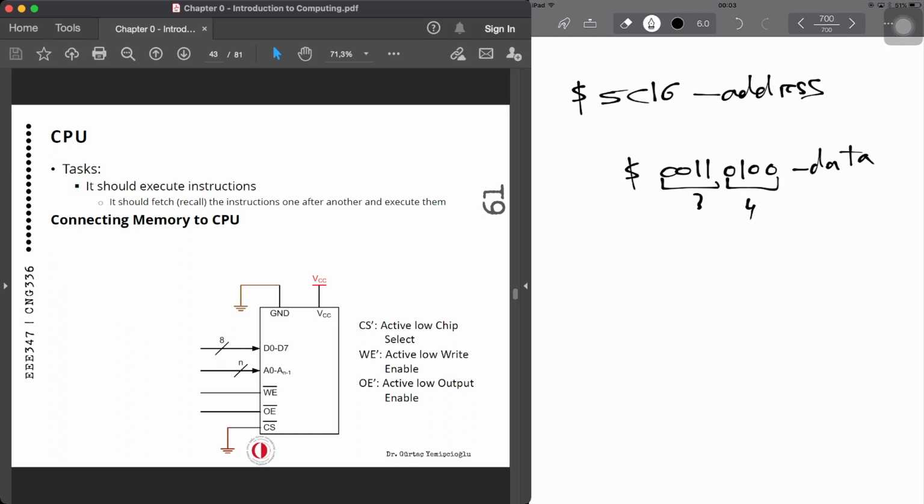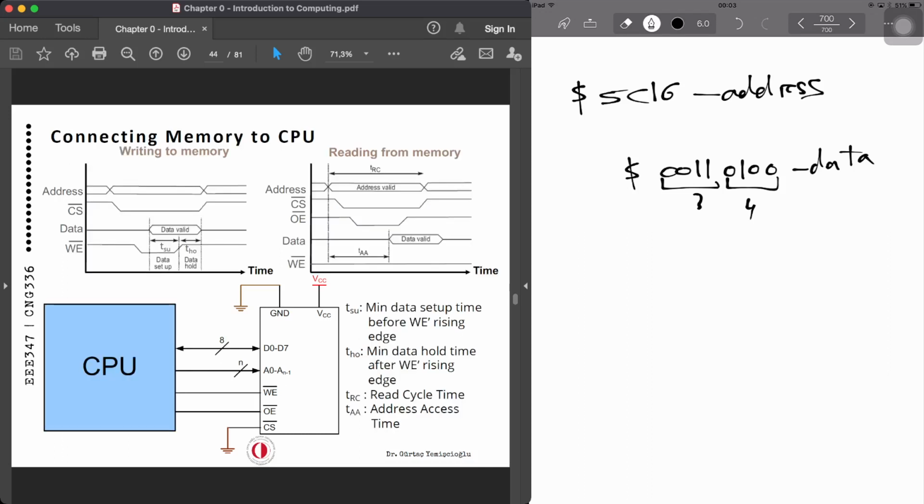Now, this is a typical memory block where we have got write enable, read enable, or output enable, and chip selects, data lines, and address lines all together. Now, we can see how we can access it, as I already mentioned, if you want to write or read from a memory.